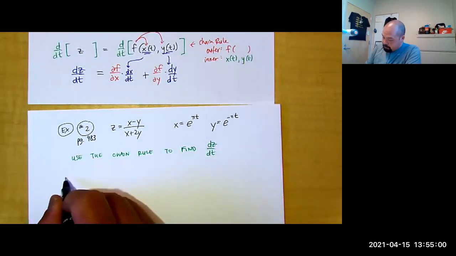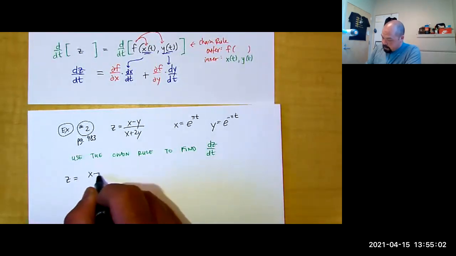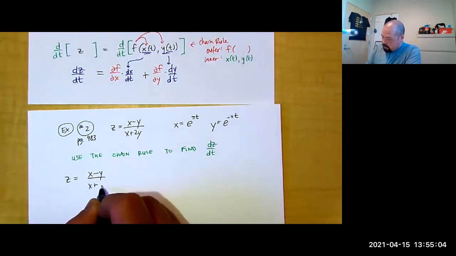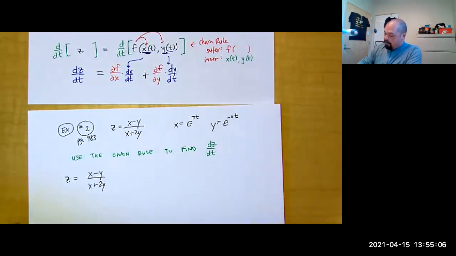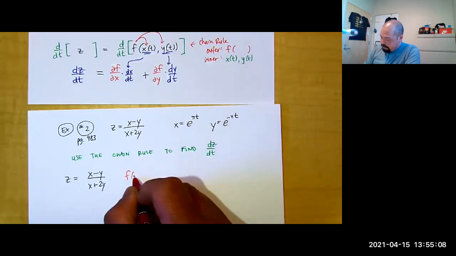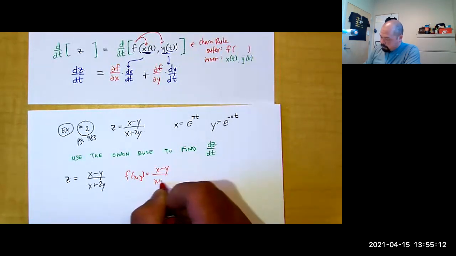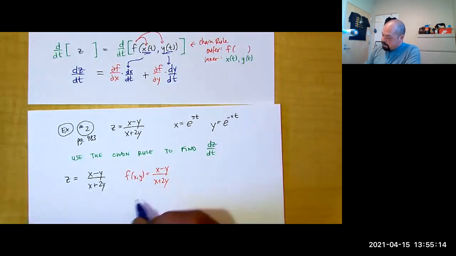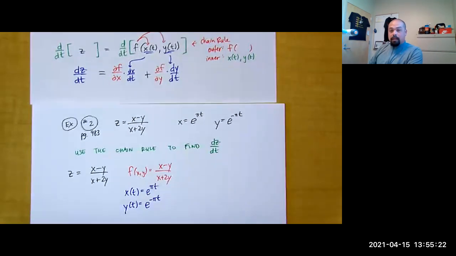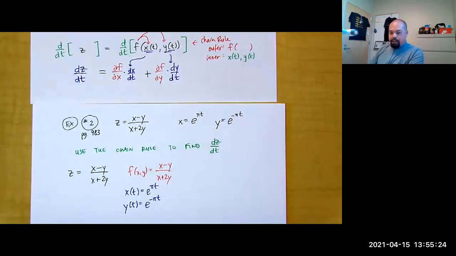So if z is equal to x minus y over x plus 2y, my function f of x and y, x minus y over x plus 2y, x of t is e to the pi t, y of t is e to the negative pi t.